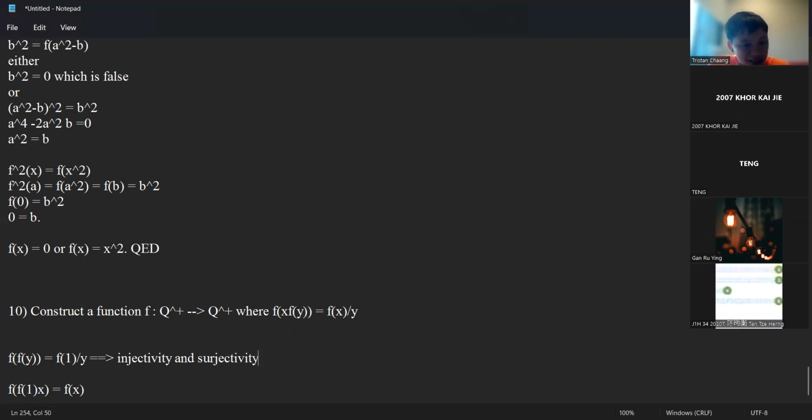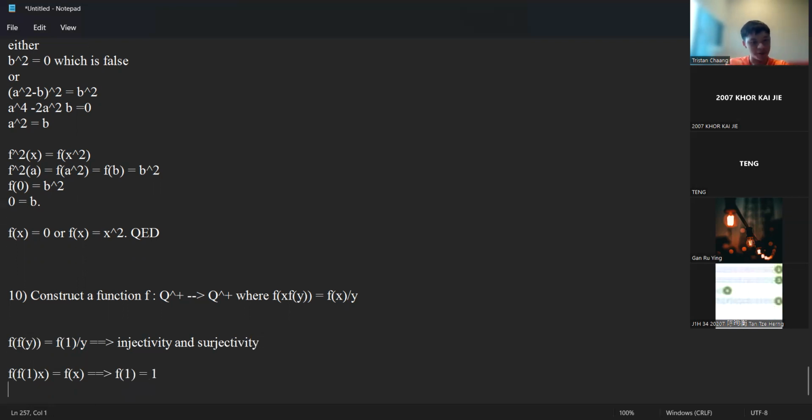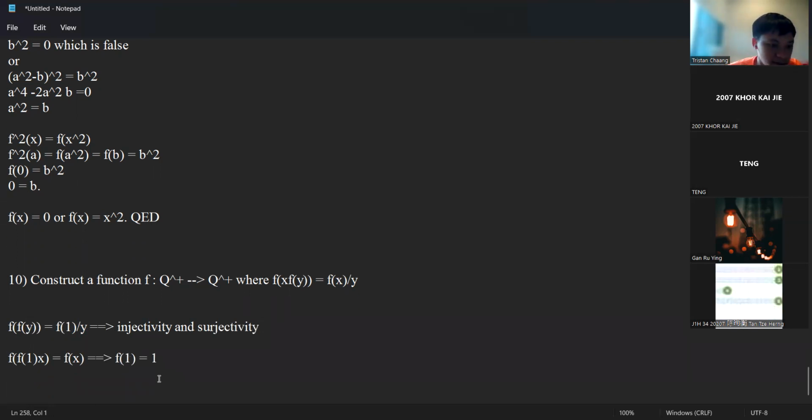You can check that. Because f(1) is non-zero, and I'll leave it to you to prove that this is injective and surjective. So that means f(1) is 1. Okay. So f(f(x)) is 1 over x.